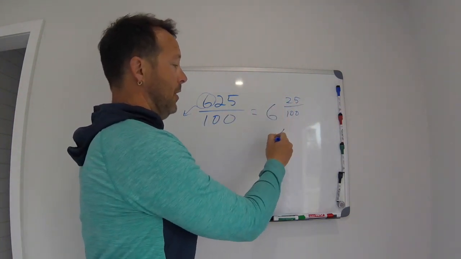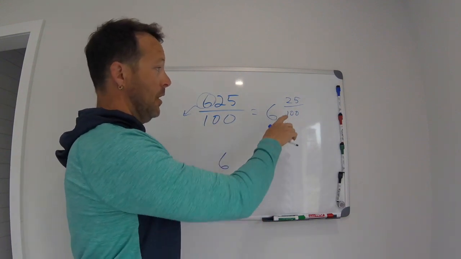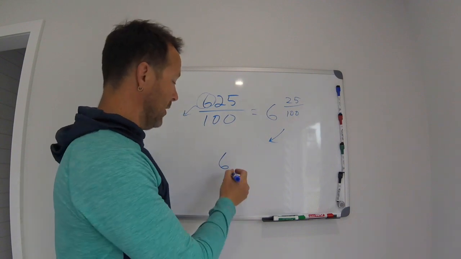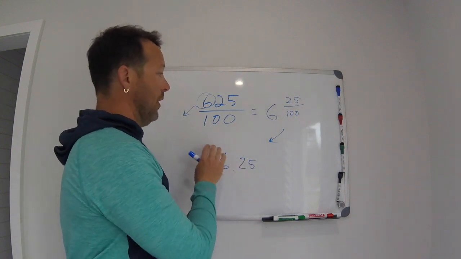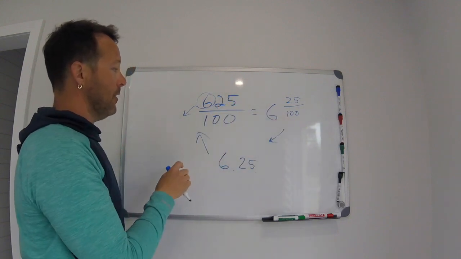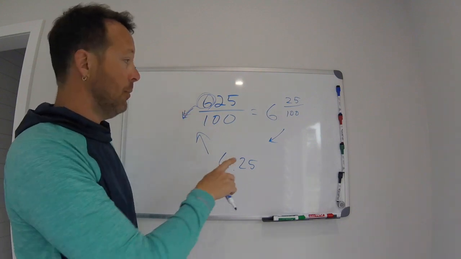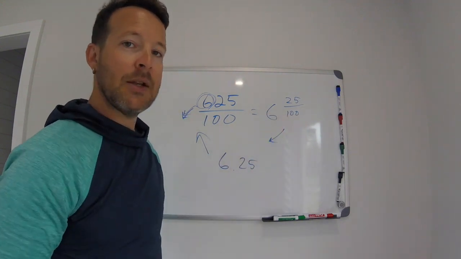Now, let's convert it to a decimal. 6 doesn't change, and 25 100ths, you guys know how to write that as 0.25. So you can see how simple it is to go from one to the other, and just remember this little trick. Take the first number out, make that your whole number, and you have your correct mixed number.